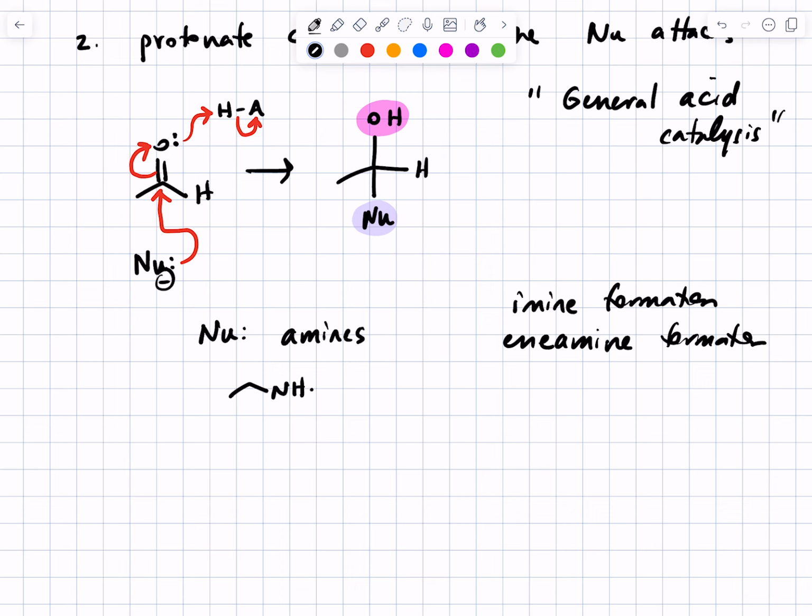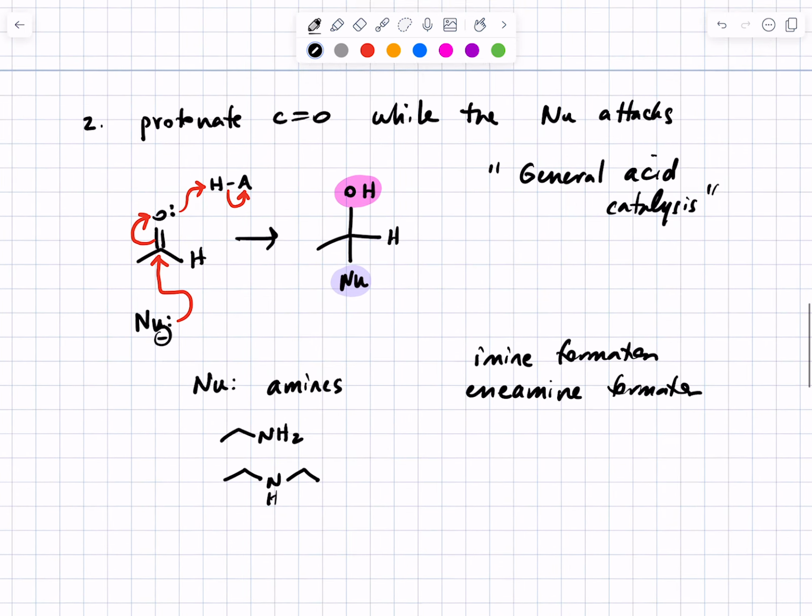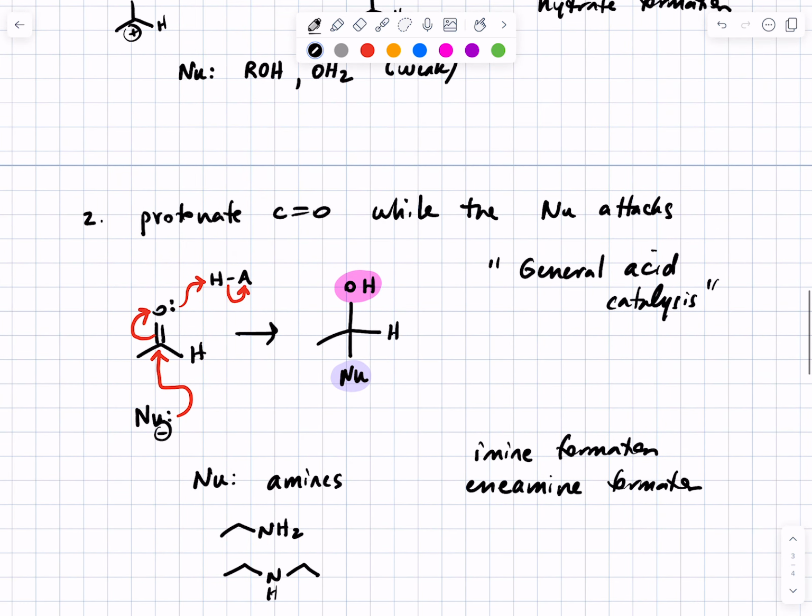The nucleophile, of course, is a primary or a secondary amine. Amines are more nucleophilic than alcohols. You can tell that by comparing the pKa's of their conjugate acids, or you can know it intuitively by saying, well, nitrogen's a little less electronegative than oxygen, meaning lone pairs on a nitrogen are higher in energy than lone pairs on an oxygen.